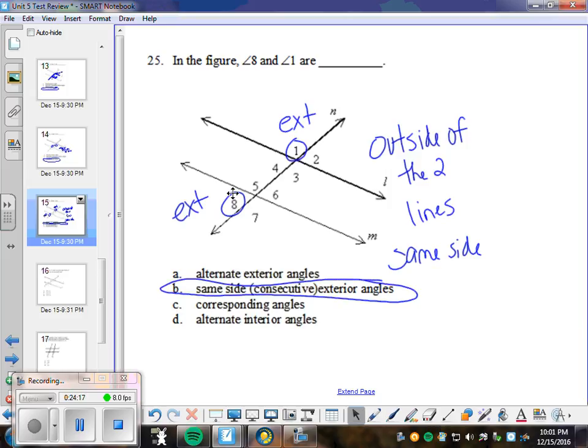Okay, I'll give you a minute to write all that down. There's another pair that would be same side exterior. It would be 2 and 7. Okay, we're getting close to the end, y'all. We're on 25.